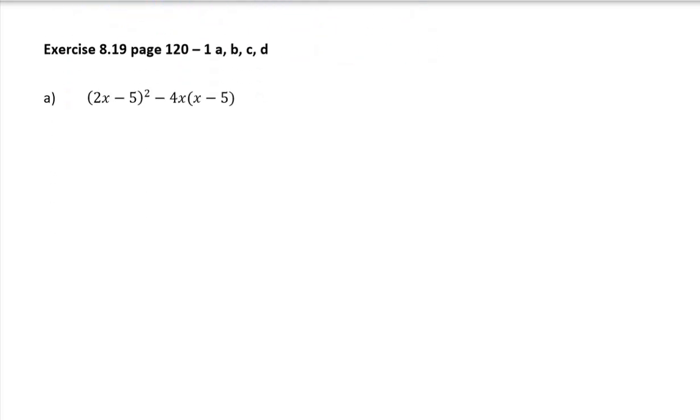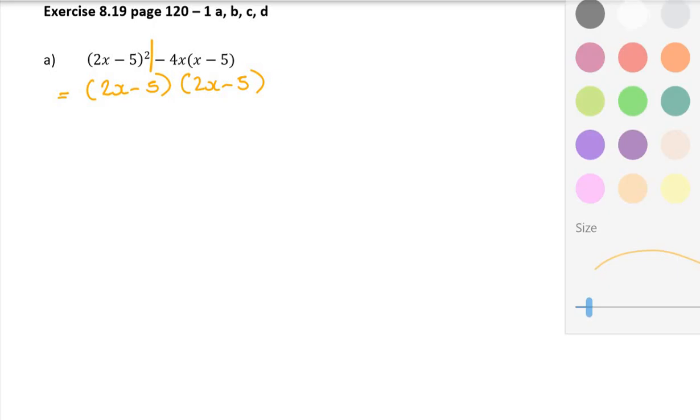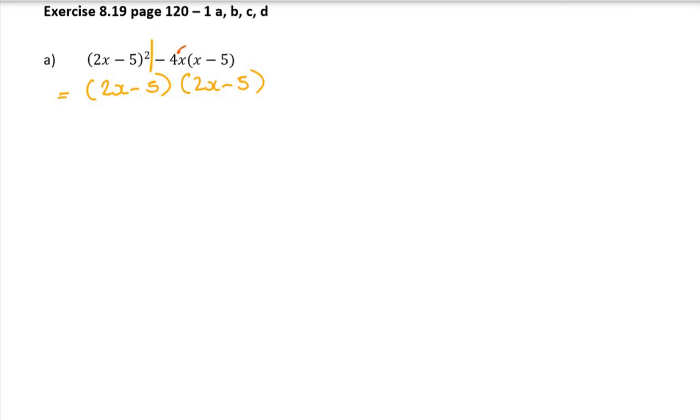Okay, then the next exercise was the more complicated ones where you had multiple terms, so don't forget to divide into terms. And now I'm going to rewrite my bracket twice, so this is 2x minus 5, 2x minus 5. I can go and distribute in my minus 4x, so minus 4x squared plus 20x.